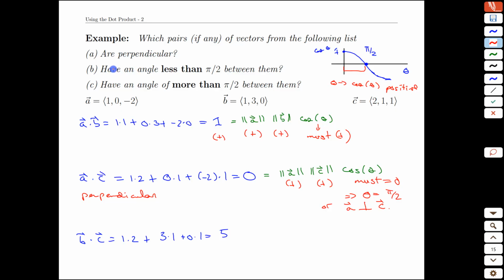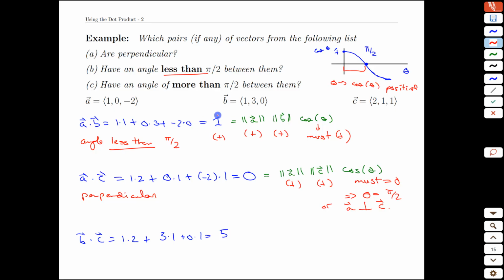And that answers our question here. What can the angle be between these two vectors? Well, it has to be an angle of less than 90 degrees, or less than pi over 2 radians.